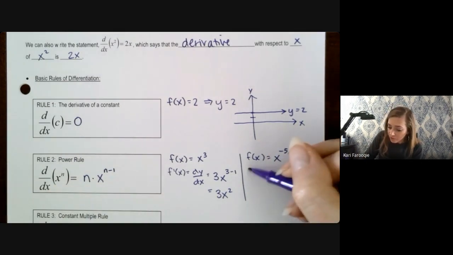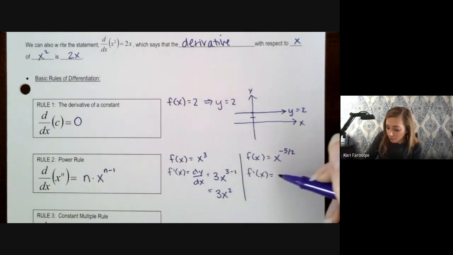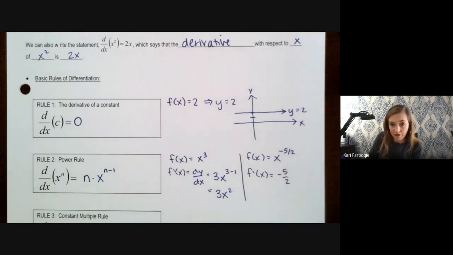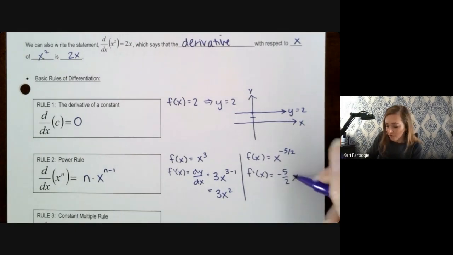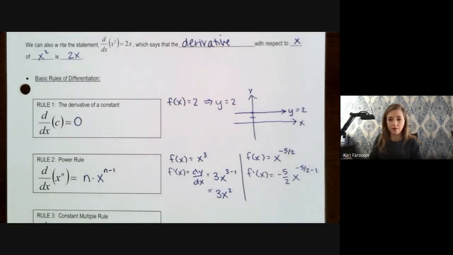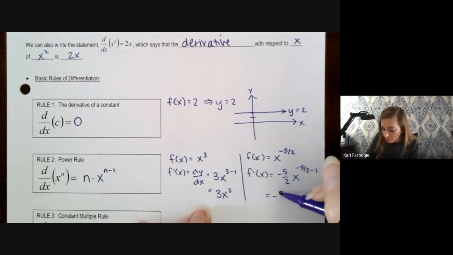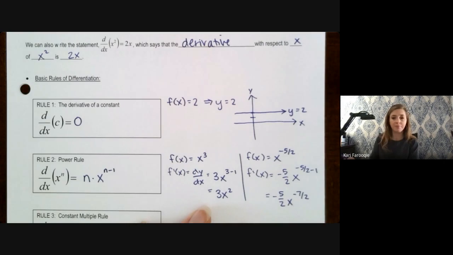But to take this derivative, f prime of x, we would take the exponent and move it down in front, rewrite the x, and then when we decrease the exponent by 1, in this case, it's becoming more negative. So if I take -5/2 and I subtract 1, I'm taking -5/2 minus 2/2, which gets me to -7/2.